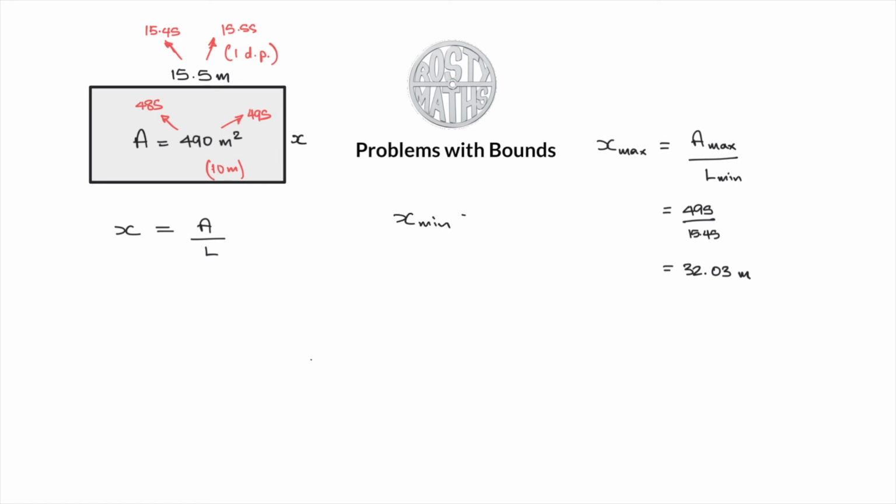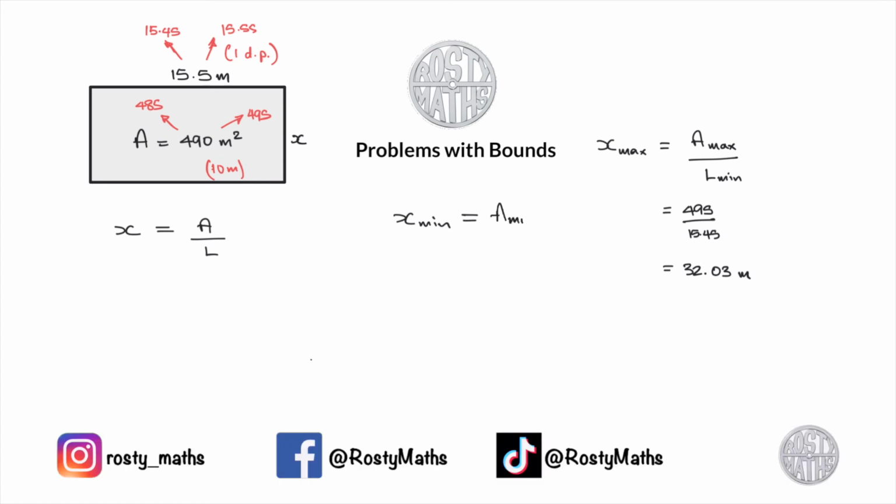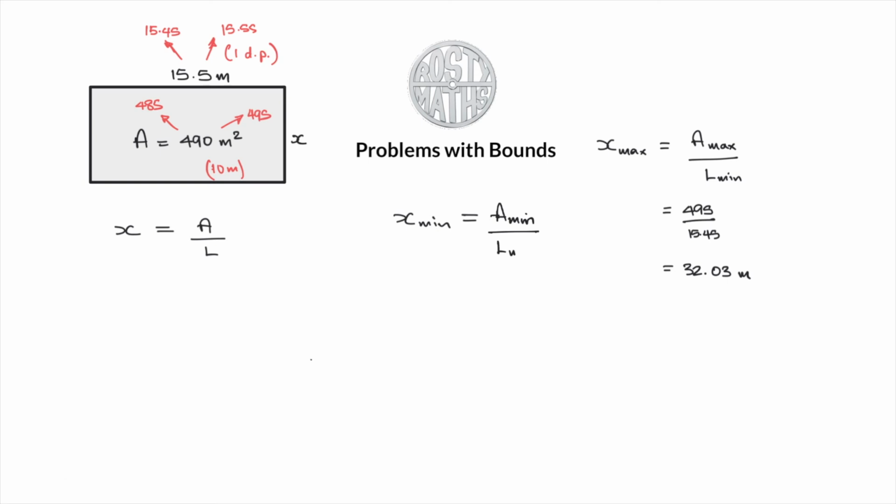So, let's have that same orange story again. If I really want to minimize my oranges, then what I want is the smallest possible amount of oranges, and I want to share it with the largest amount of people. So I need to have the small number at the top and a big number at the bottom. So now to get my minimum, I'm going to need my area min, smallest number, divided by my length max.